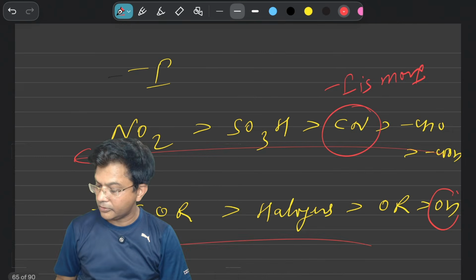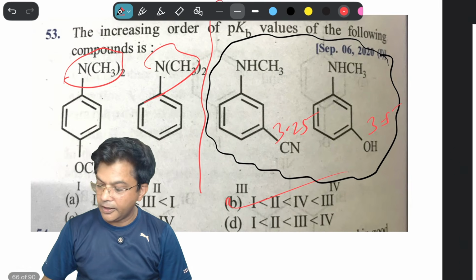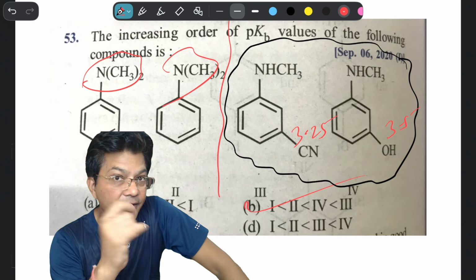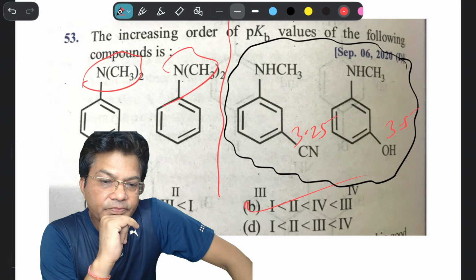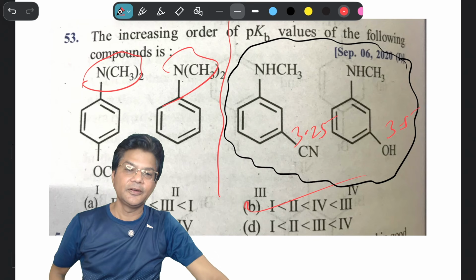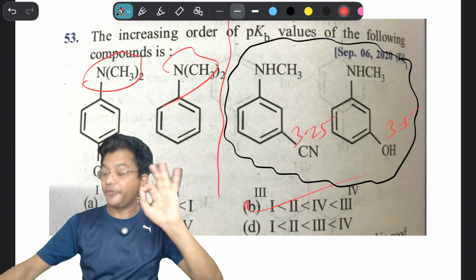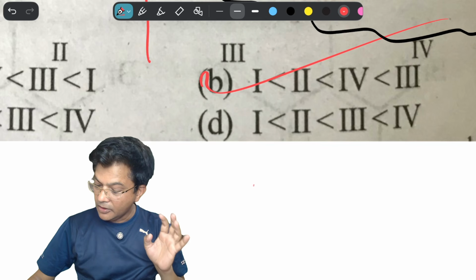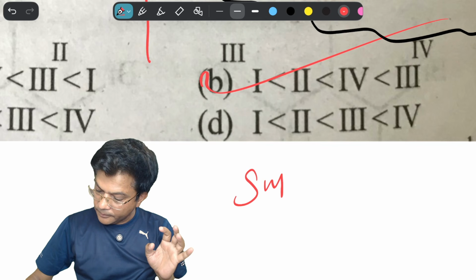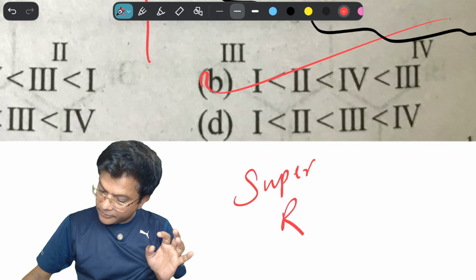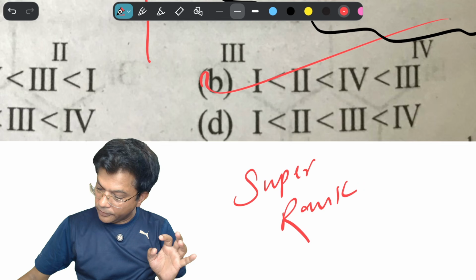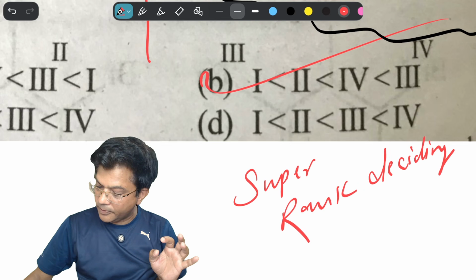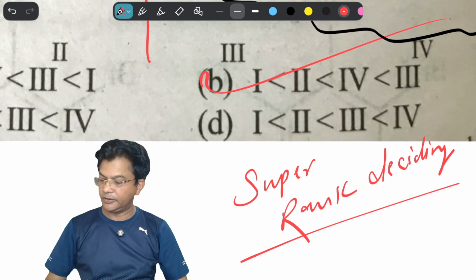Let me check it out. Very tough question. Got it? Superb question. Rank deciding question. Marvelous question. A super rank deciding question. So I have told you, first of all, find out the most basic or least basic, then only do this question.